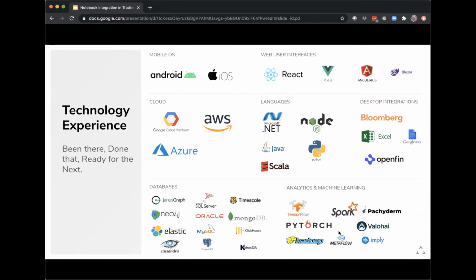So we have encountered several different technologies and technology stacks, and we understand that we need to integrate with things that may already be there. So we've got experiences with all sorts of web and mobile interfaces, cloud infrastructure, multilingual and multi-desktop integration experiences, a whole myriad of databases and analytics and machine learning engines.